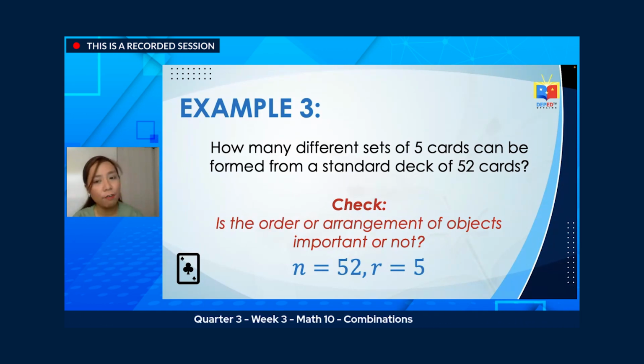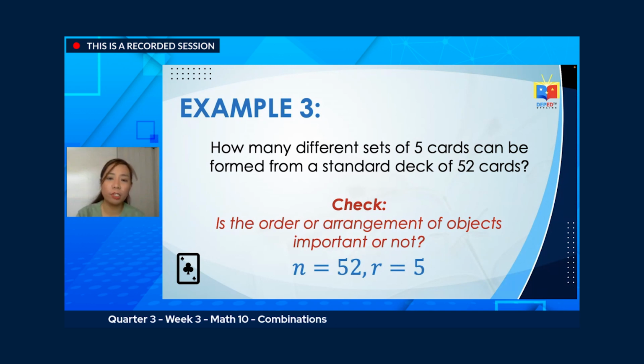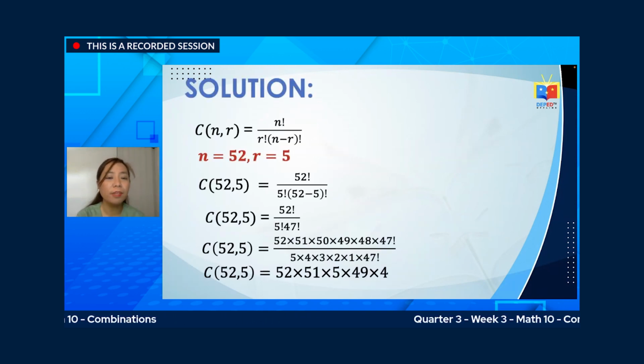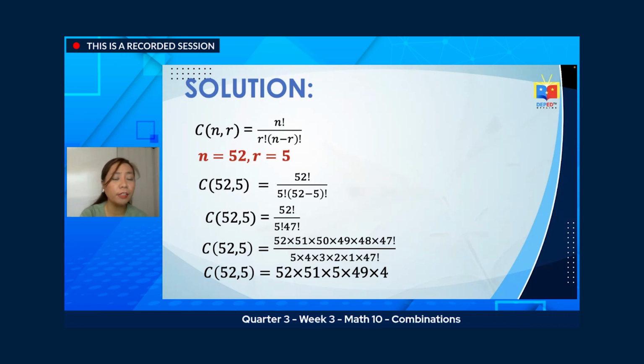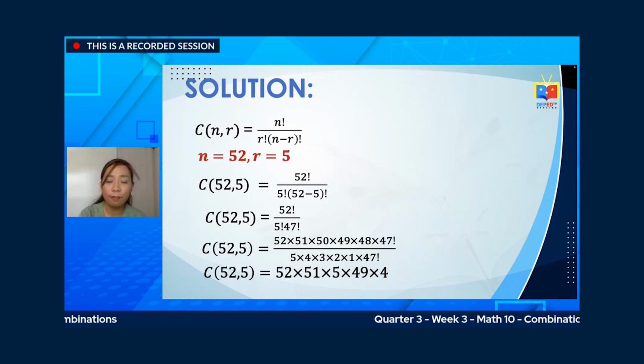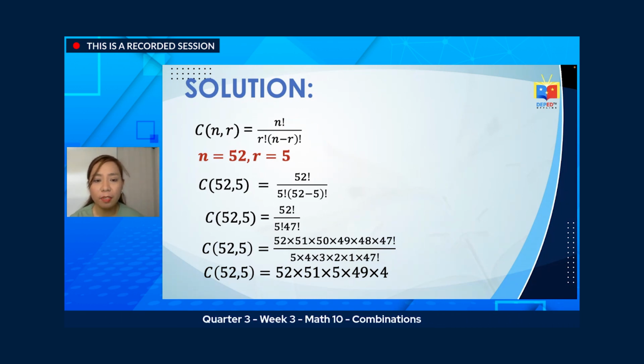So N there is 52 and R equals 5. So in solving, you have here your formula N factorial over R factorial times the quantity N minus R factorial. Substitute 52 to N and 5 to R. So you have 52 factorial over 5 factorial times the quantity 52 minus 5 factorial.